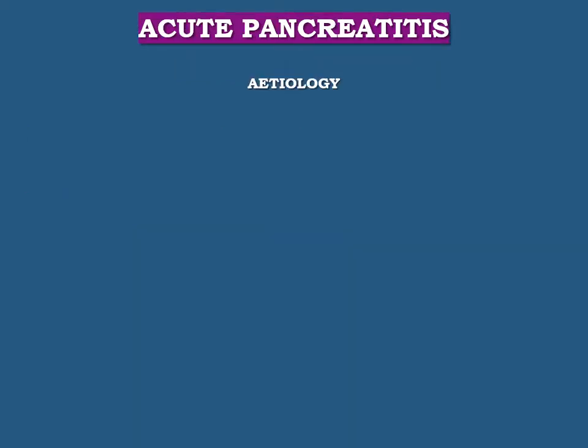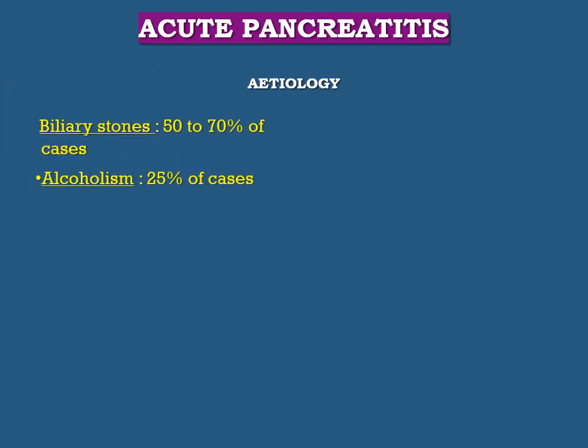Now we come to the actual topic for today, which is acute pancreatitis, the acute inflammation of the pancreas. Now, what is the etiology of this pain? In the vast majority, nearly 80% of the cases, it is due to biliary stones and alcoholism.